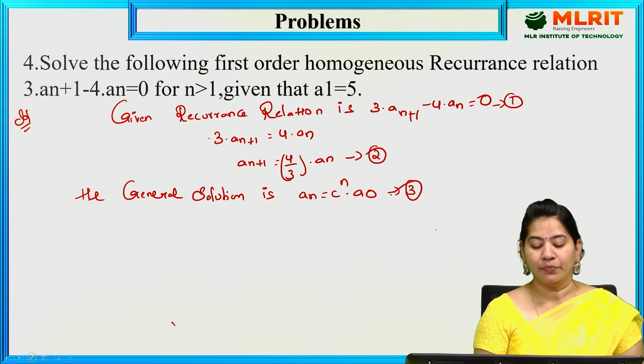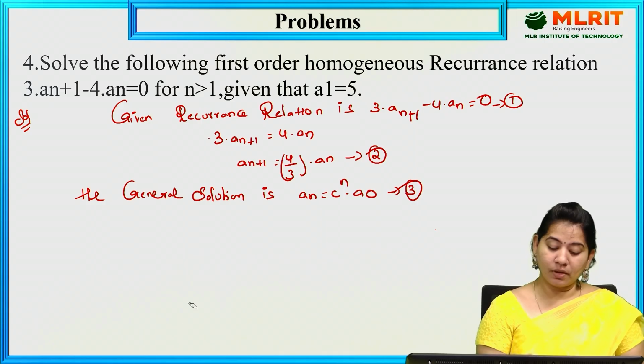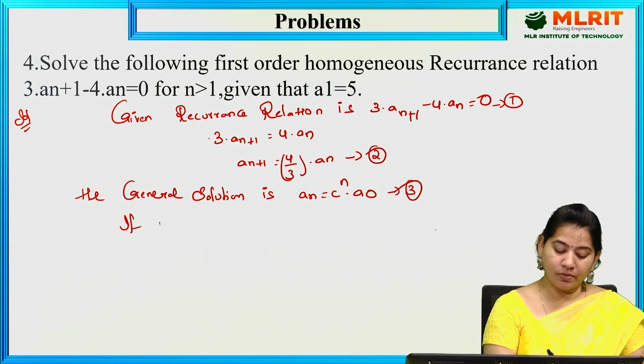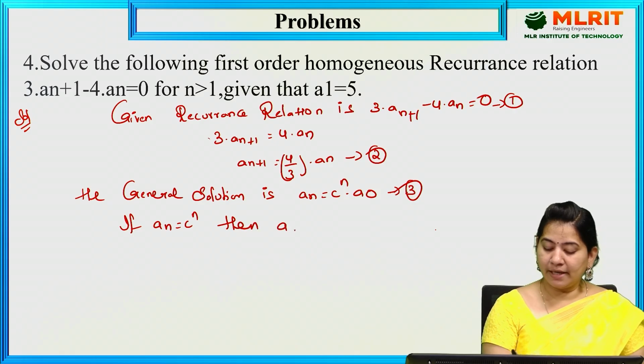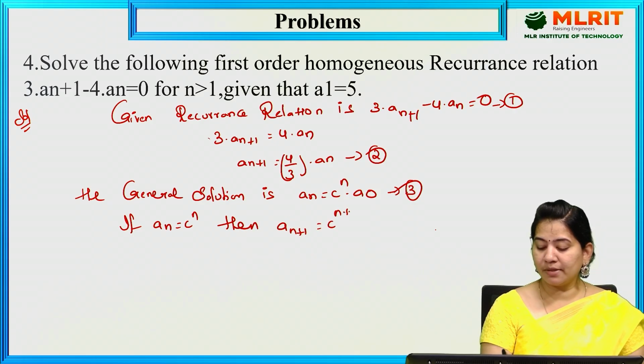This is equation 3. So now we know that if an equal to c power n, then an plus 1 is equal to c power n plus 1.